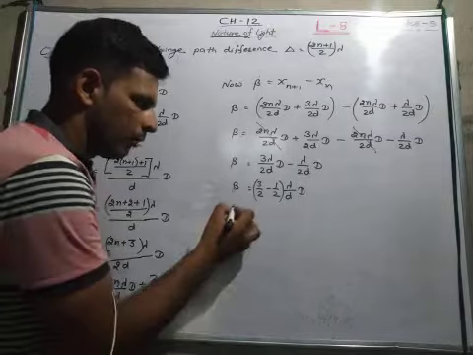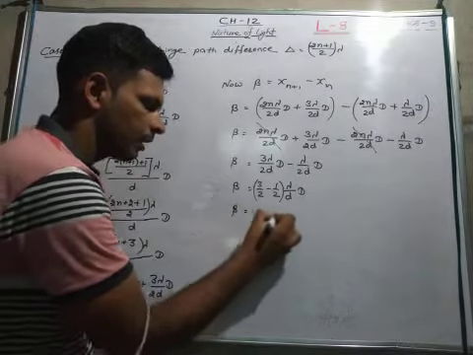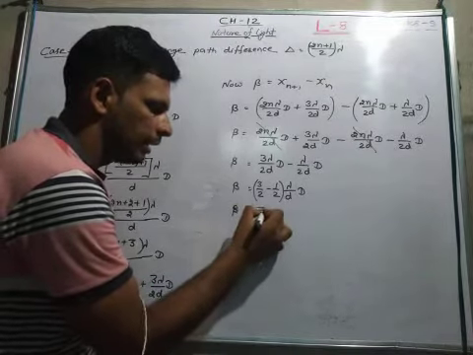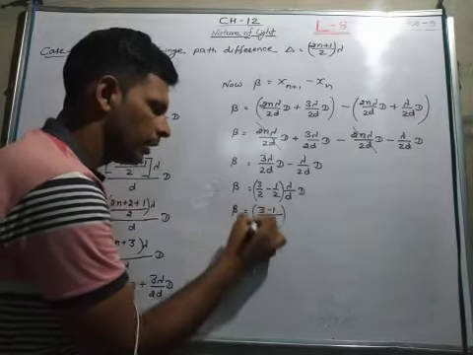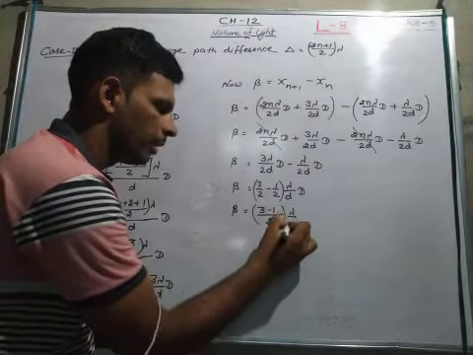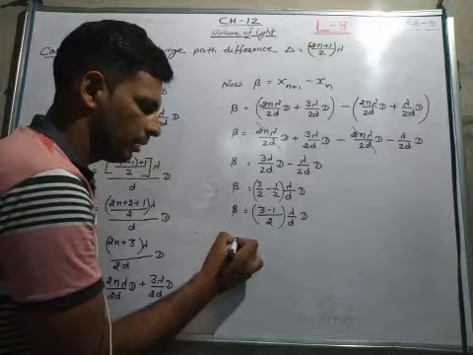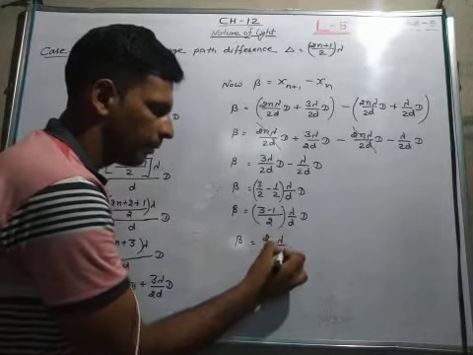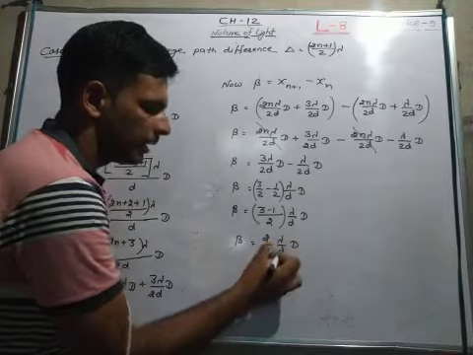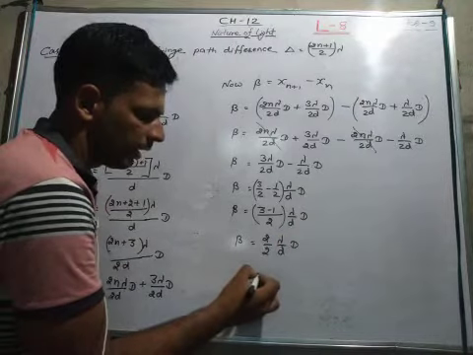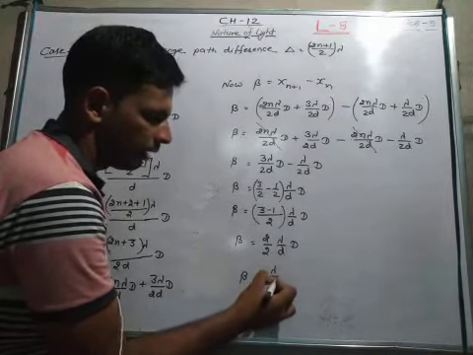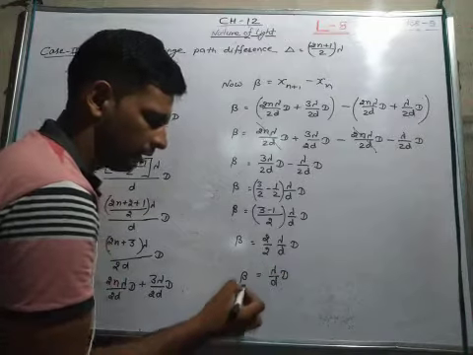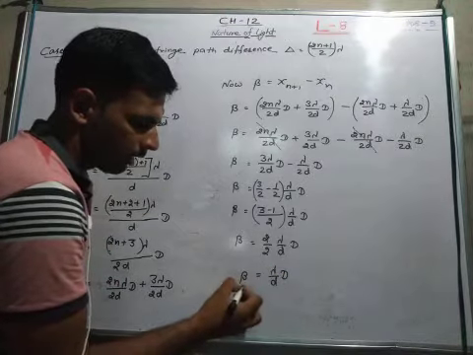We take LCM 2, then (3 minus 1) into lambda upon d into capital D. Then beta is equal to 2 upon 2 lambda upon d into capital D. Okay, then beta is equal to lambda upon d into capital D.